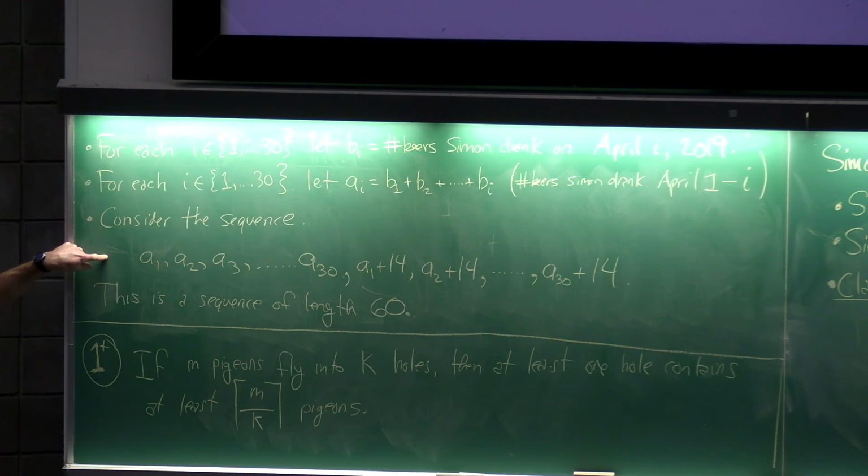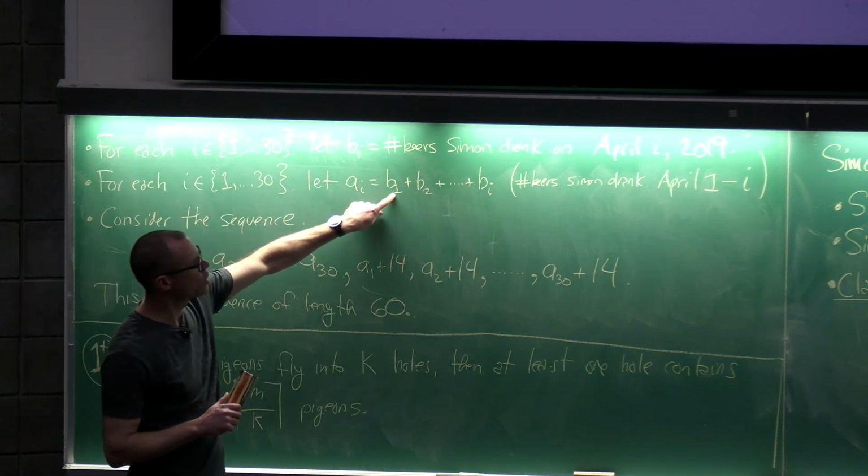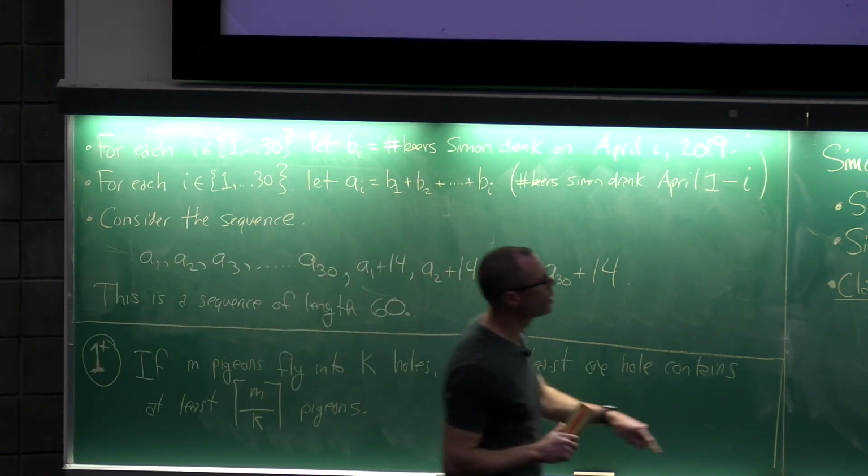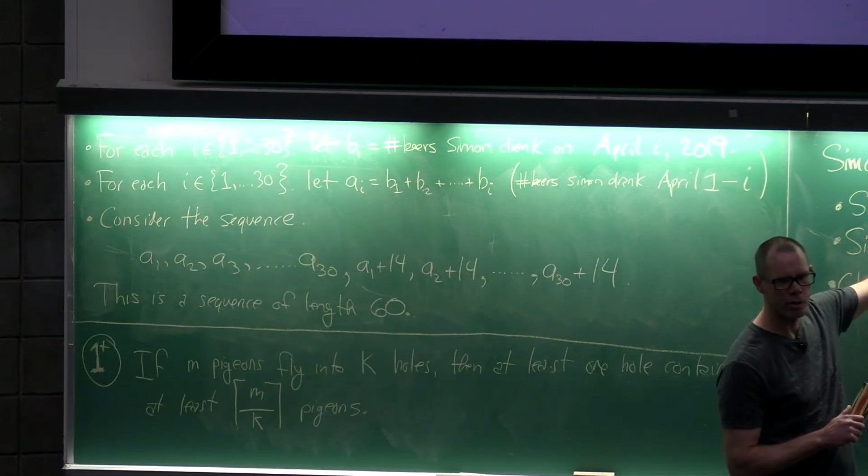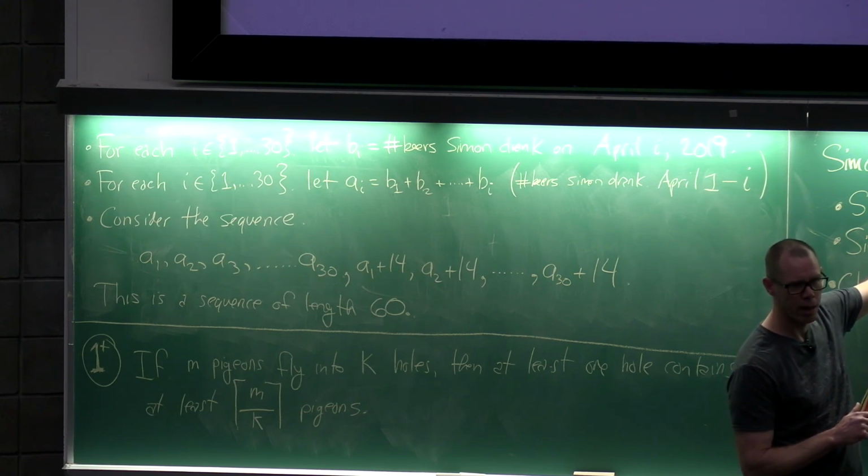What's the smallest number in this sequence? Smallest number is, we don't actually know, but it's at least 1, right? Because A1, by this definition, is actually B1, and Simon drinks at least 1 beer every day, so he drank at least 1 beer on April 1st, therefore A1 is at least 1.